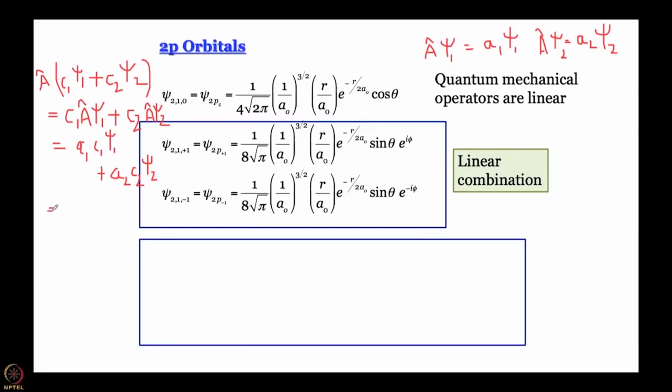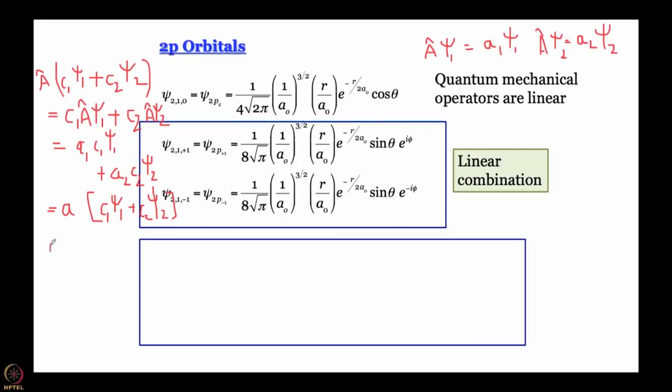It will happen when you can write A multiplied by C1 psi 1 plus C2 psi 2.